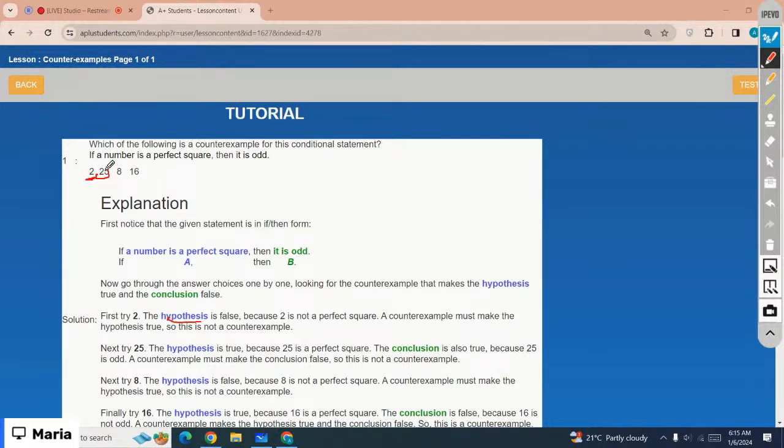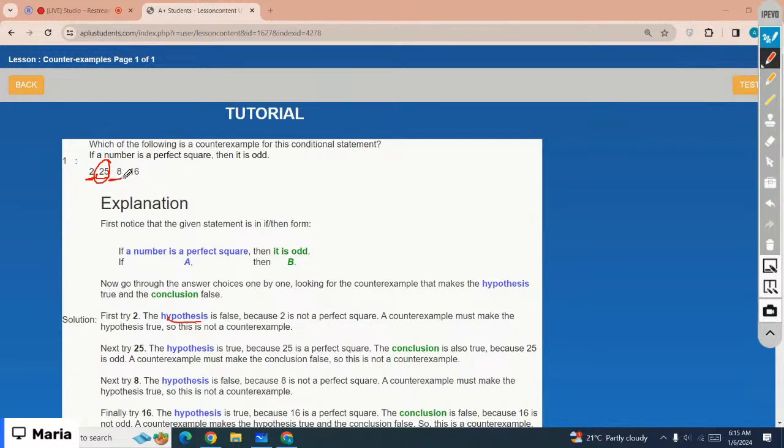Basically, 25 is not the correct option. Now, you have to select the one for which the hypothesis is true and the conclusion is false. That is the counter example, right?